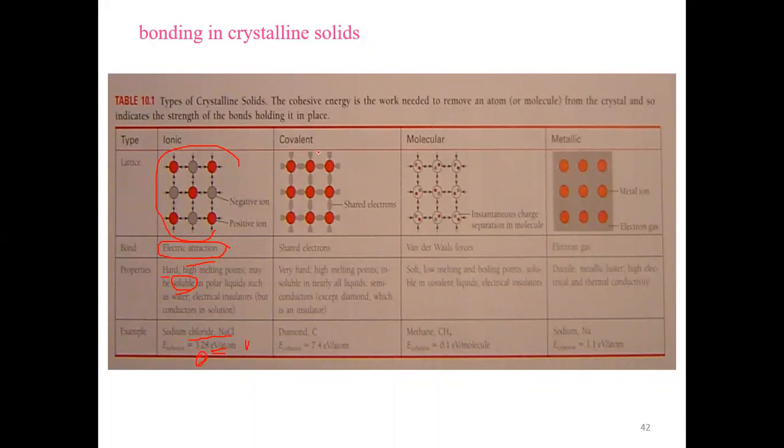Okay, and then covalent. In case of ionic bond, there is an electron transfer. In case of covalent bond, sharing occurs, and this is the lattice type. Look here, there is an overlapping of orbitals along the direction.